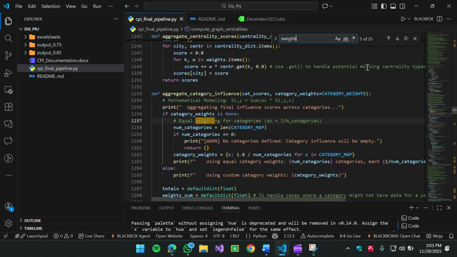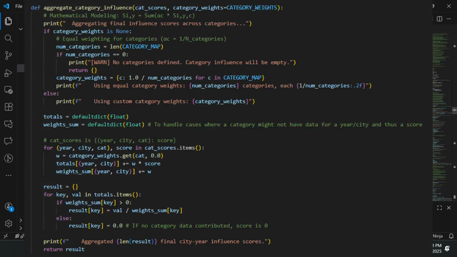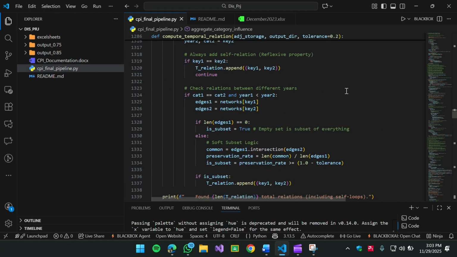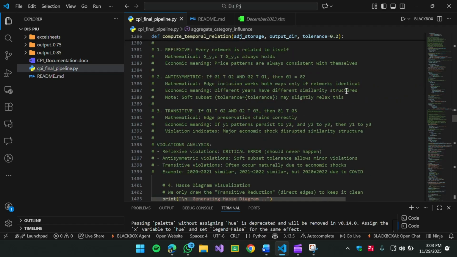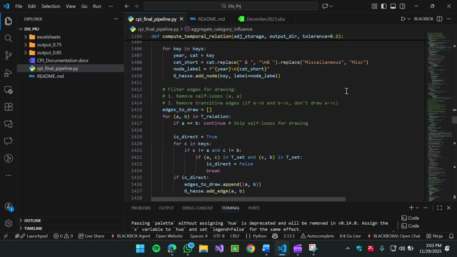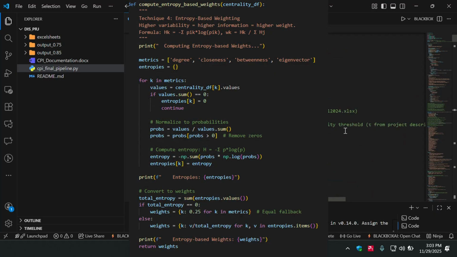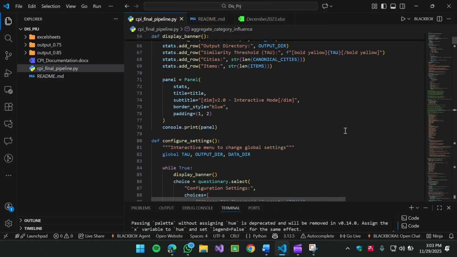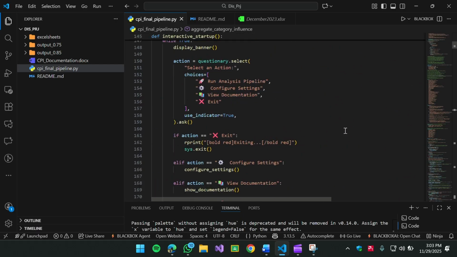Thirdly, we use category importance weighting and assign category weights proportional to their economic importance or CPI contributions. The fourth weighting scheme which we used was entropy-based weighting, which shows that a measure with higher variability across cities carries more informational value.